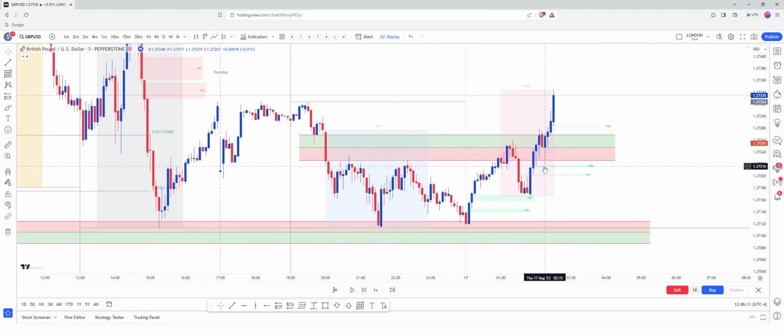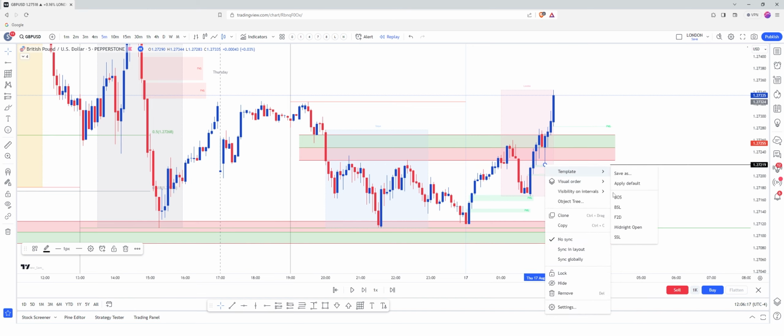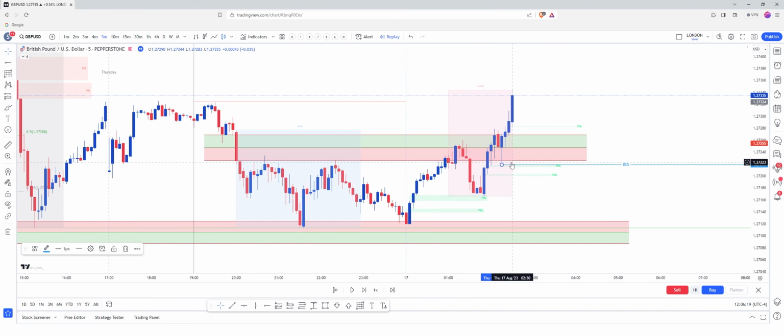This would be our break of structure currently for a 5-minute OTE entry. So we would need a candle body close above or below this level, leaving displacement if we are going to get a confirmed OTE entry. The strategy video for that is just in this top corner up here now.